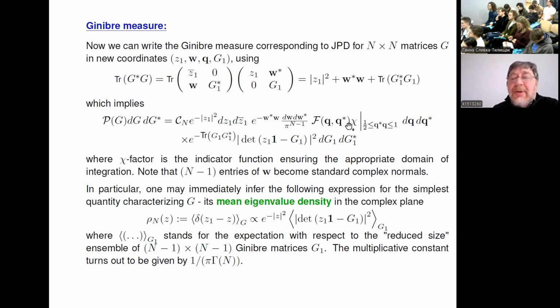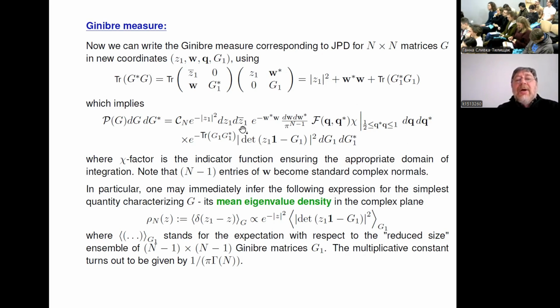Then there will be some probability density on the elements of Q, with a non-trivial factor coming from the Jacobian. But it won't be a problem for us because this can be performed relatively easily. One should remember the integration domain on this Q, which I already mentioned: Q has norm between 1 and 1/2.